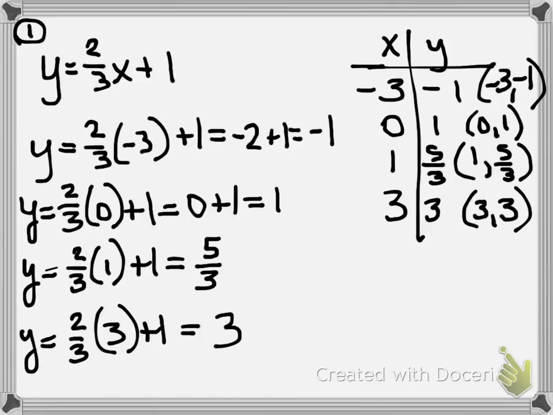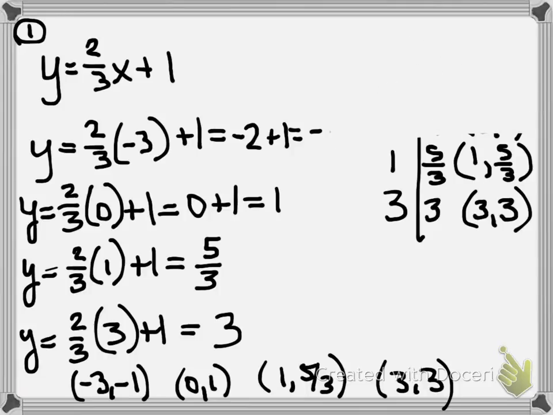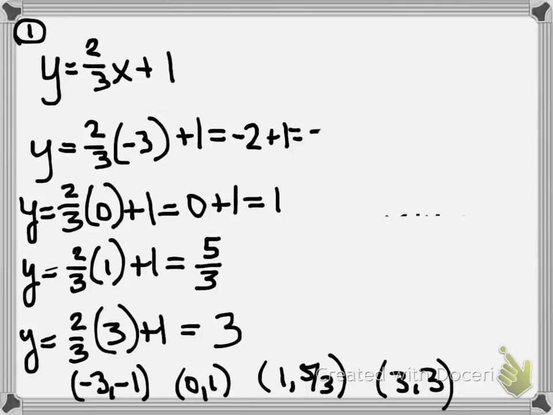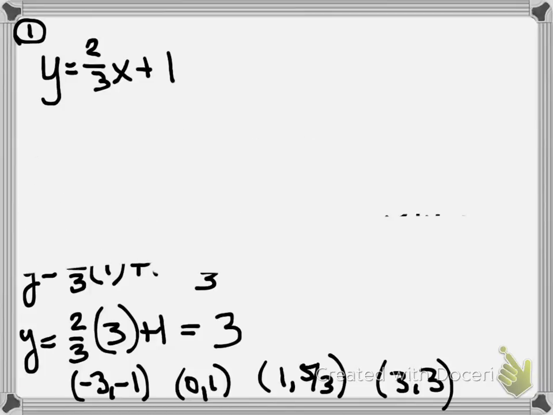So I'm going to do myself a favor, and I'm going to write these points at the bottom. And then I'm going to get rid of this because I need to switch this into a graph. You can rewind if you need to see that.